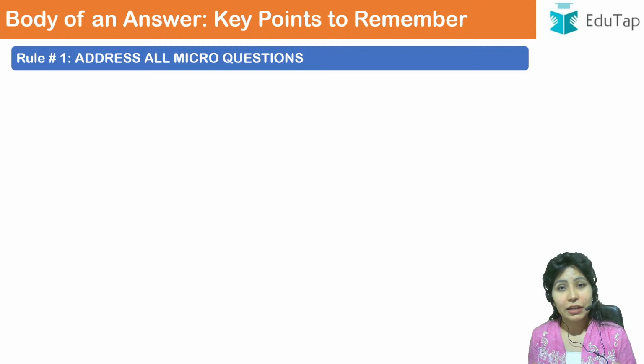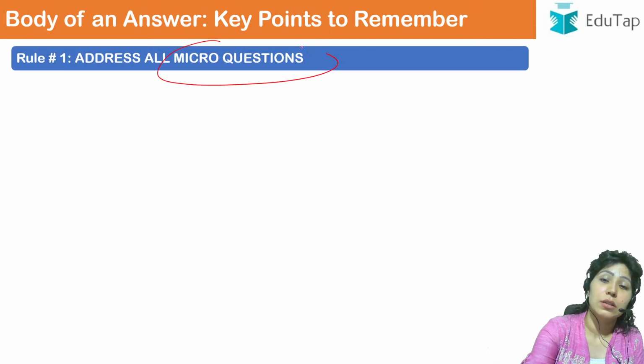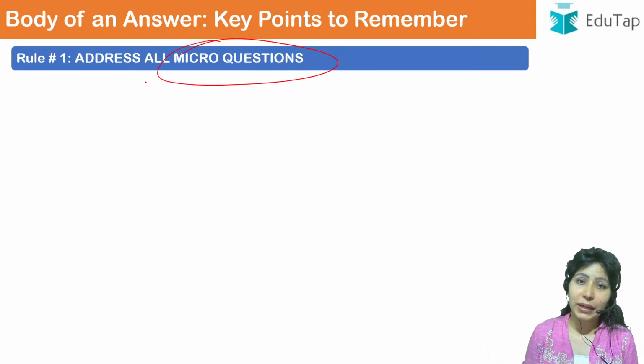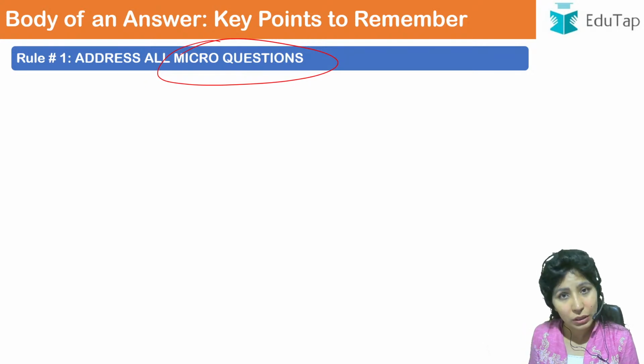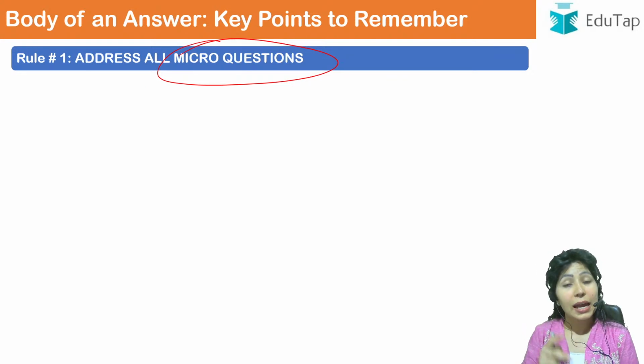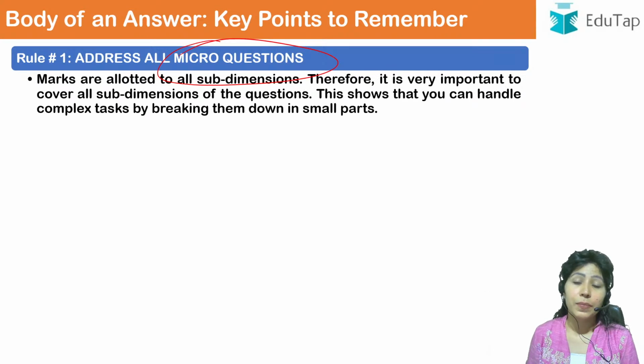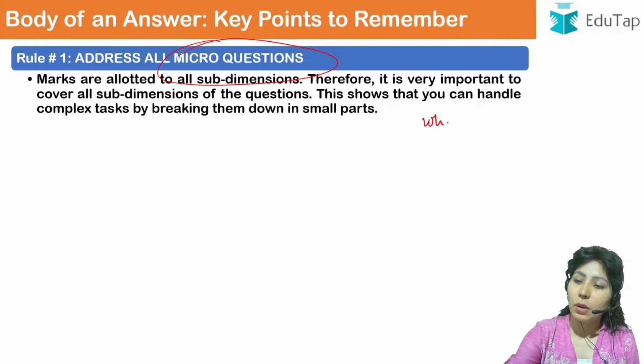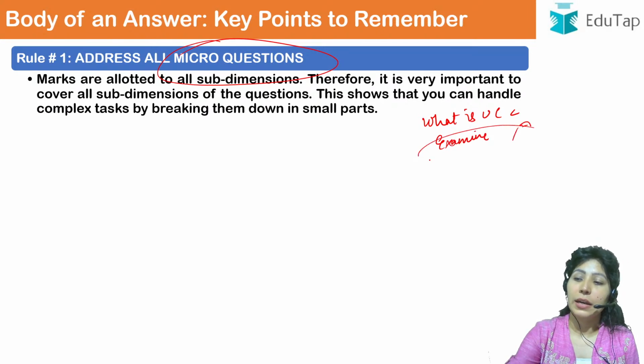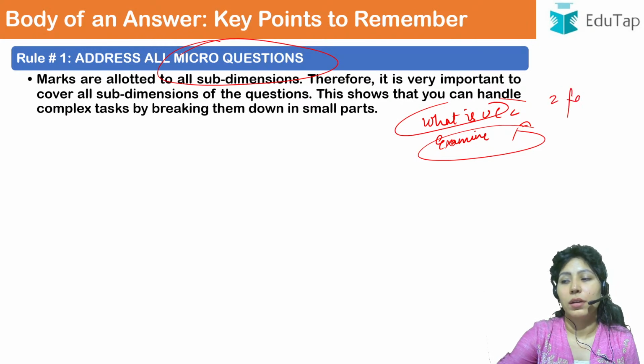So you need to answer all these micro questions. Understand the question properly, frame micro questions, that is, what is the actual question and how many parts does it have, and answer all these parts. All these parts will carry separate marks. For example, the question could be, what is Uniform Civil Code, and examine the need for a UCC in India. So this has 2 parts, right?